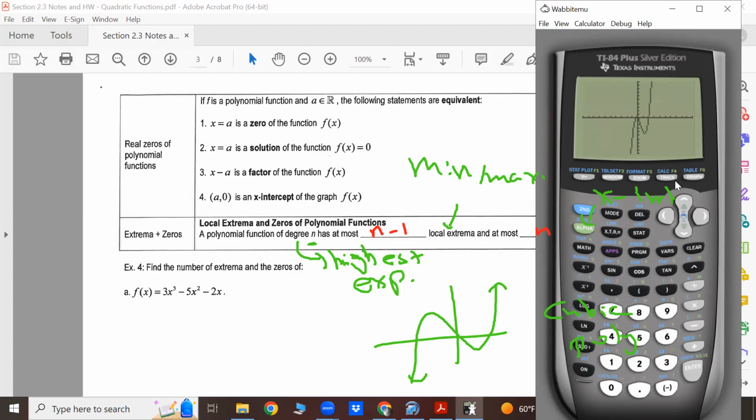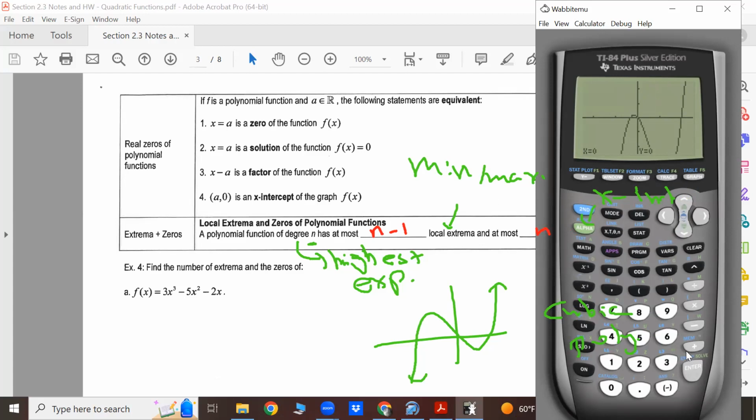Okay, so if I were to zoom in just a tad, how many times does it touch the x-axis, guys? 3 times. And how many highs and lows does it have combined? 2. There you go. So if I did a degree 4, it could have 4 x-intercepts and at most 3 highs and lows.